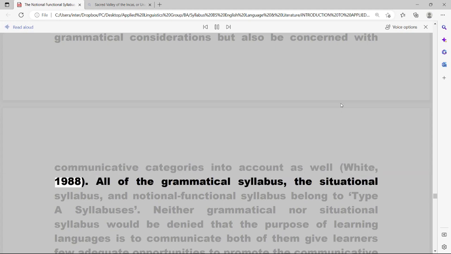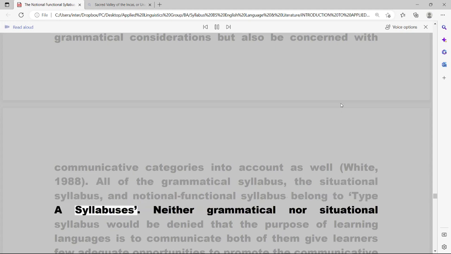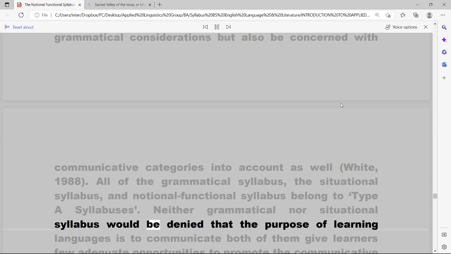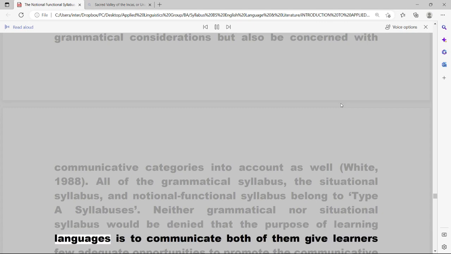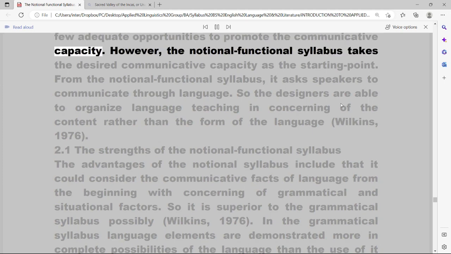White, 1988. The grammatical syllabus, the situational syllabus, and the notional functional syllabus all belong to Type A syllabuses. Neither the grammatical nor the situational syllabus would deny that the purpose of learning languages is to communicate. Both of them give learners few adequate opportunities to promote communicative capacity.